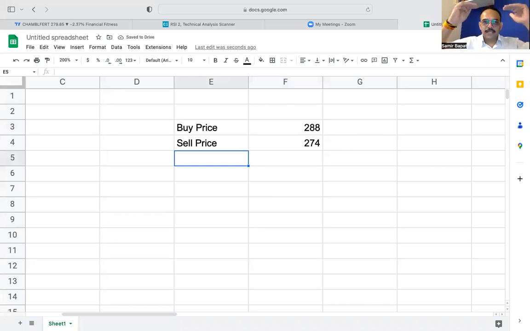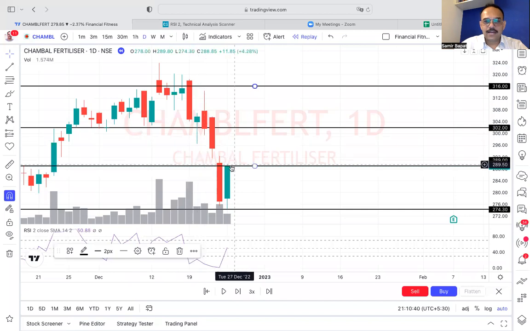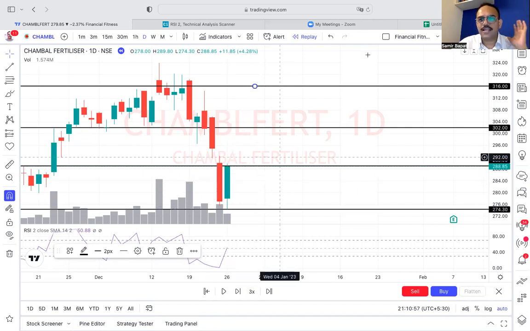In case the share falls after entry and hits my stop loss, I have to exit. Let's say I'm buying only one share. If I enter today at this price, and tomorrow it falls and hits my stop loss, I have to exit everything as per the rule.